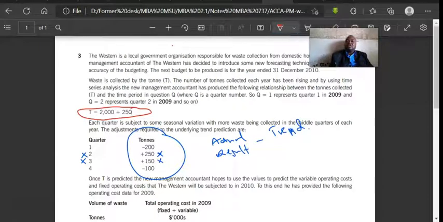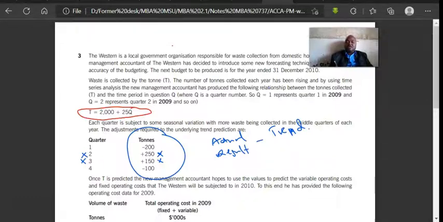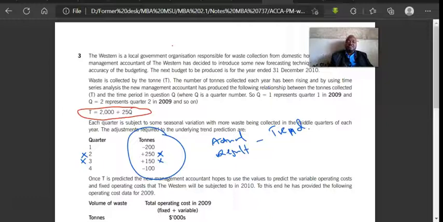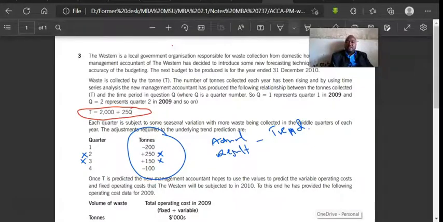We are required to show maturity a bit. These are the quarters, and these are the seasonal variations.